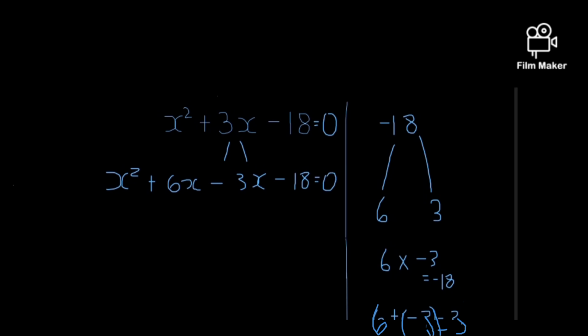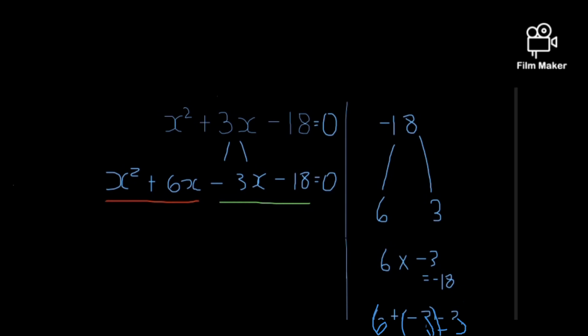Now what we're going to do next is to factorize this equation. So we're going to factorize these two terms first, and then we're going to factorize these other two terms. Alright, and we'll see what we get as a result.